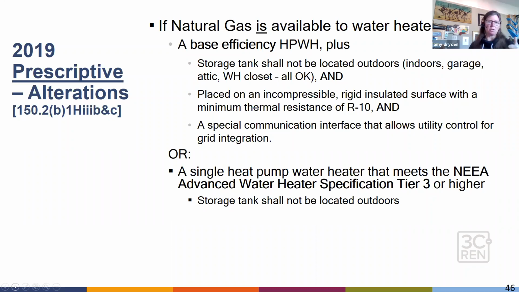And I'm going to have to ensure that there's control for grid integration, right? So it can be leveraged. So it's interoperability there. So that's if I do a base efficiency one. If I do NEEA rated tier 3, I'm done, right? I just do that selection, no prescription required.